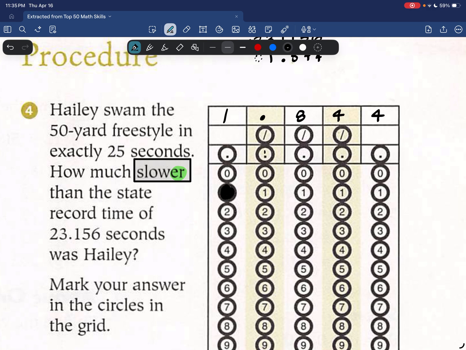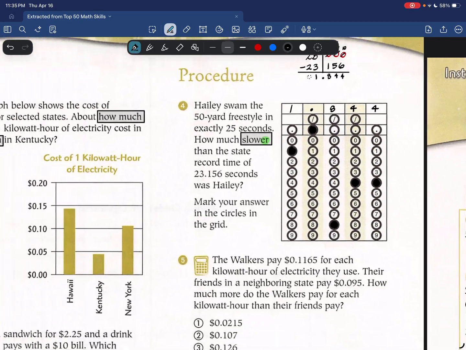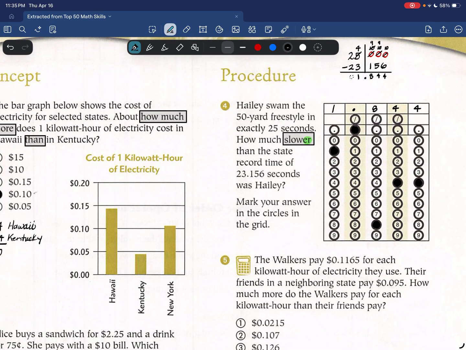The computer cannot read the numbers. It only reads the bubbles. So make sure you fill in the circles. Just writing it in there is not good enough. You have to find the answer and then bubble it appropriately if you're asked to. This is not a multiple choice answer. So 1.844 is your answer.